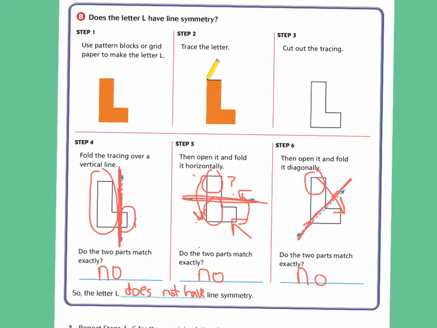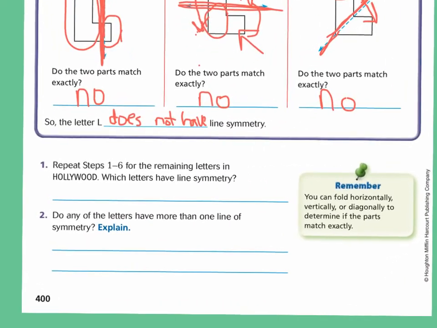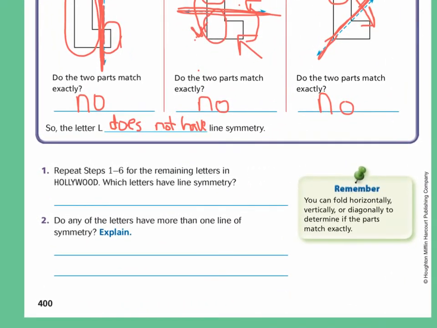Let's go ahead and look at number 1 and number 2. And we're going to look at just a few other letters from our Hollywood sign. It says repeat steps 1 through 6 for the remaining letters in Hollywood, and which letters do have line symmetry. So I'm going to just look at our letter H right here.